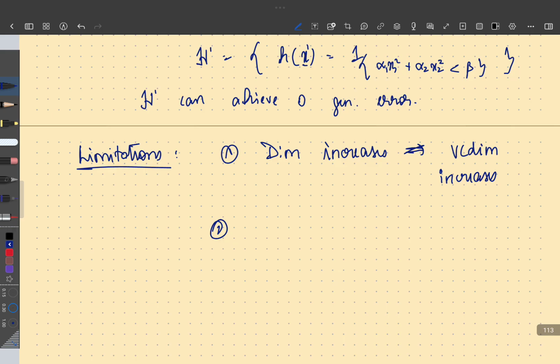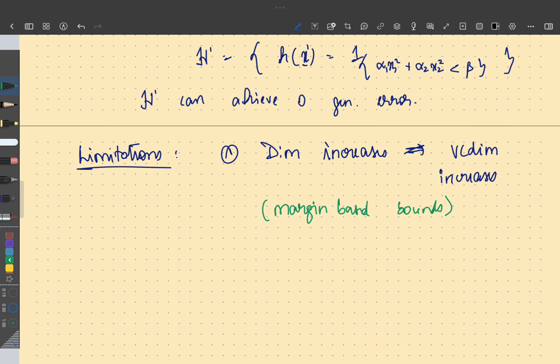So the VC dimension increases, which implies that our bounds on the generalization error also become weak. One solution to this was already seen earlier. That is, instead of the VC dimension, if we have margin-based bounds, then we can obtain better bounds on the generalization error.